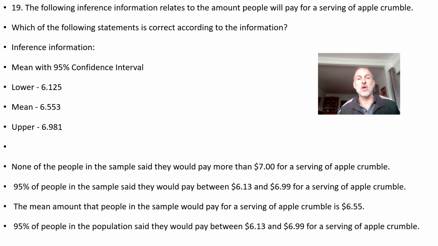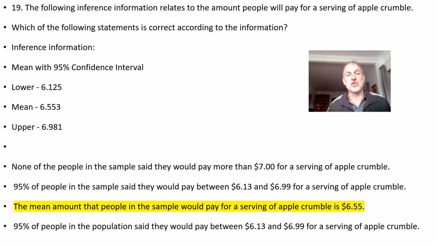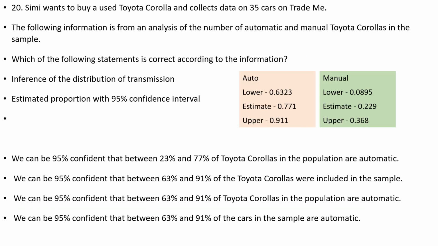So which of the following statements is correct according to the information? Okay, people, this was an extremely easy one because it was actually given to you. The mean amount that people in the sample would pay for a serving of apple crumble is $6.55. Really easy.